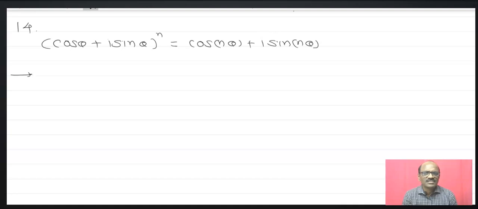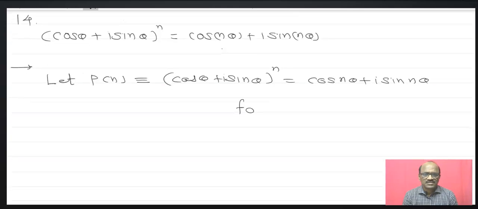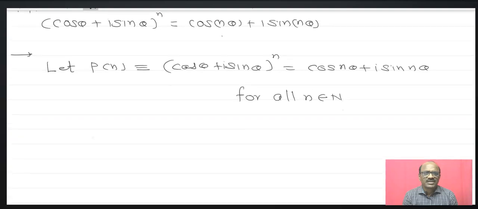This we have learned in the first chapter, that is complex numbers. Therefore, P(n) is (cos theta plus i sin theta) raised to n is equal to cos of n theta plus i sin of n theta for all n belongs to N.